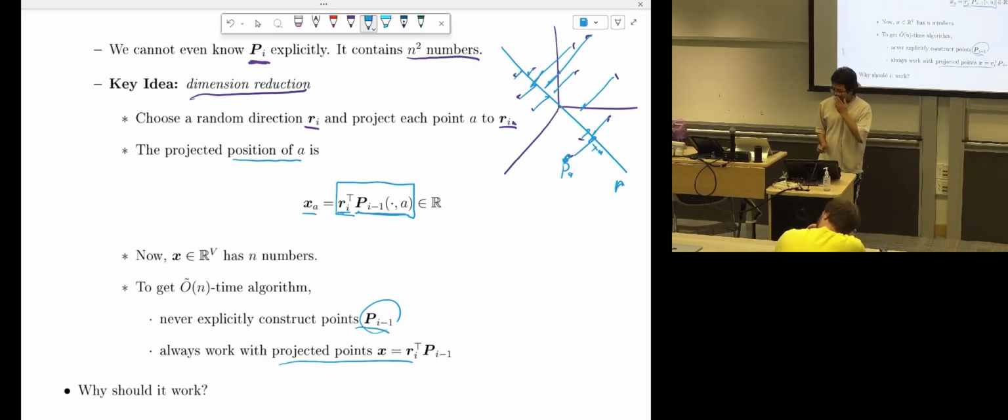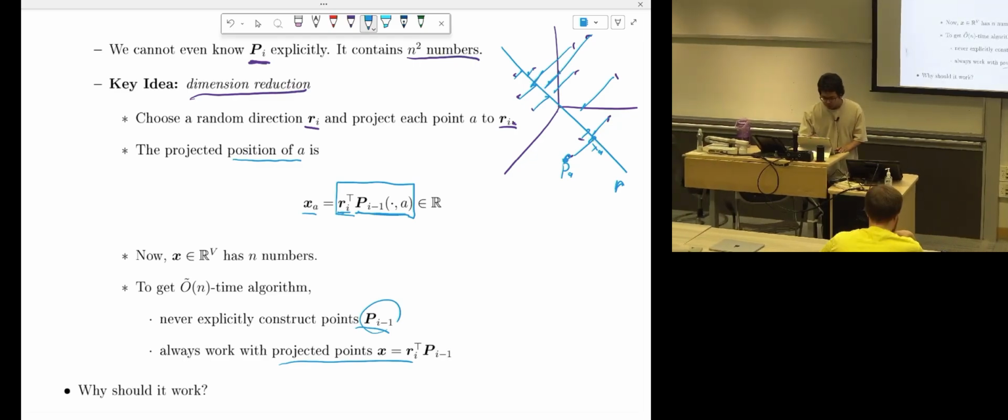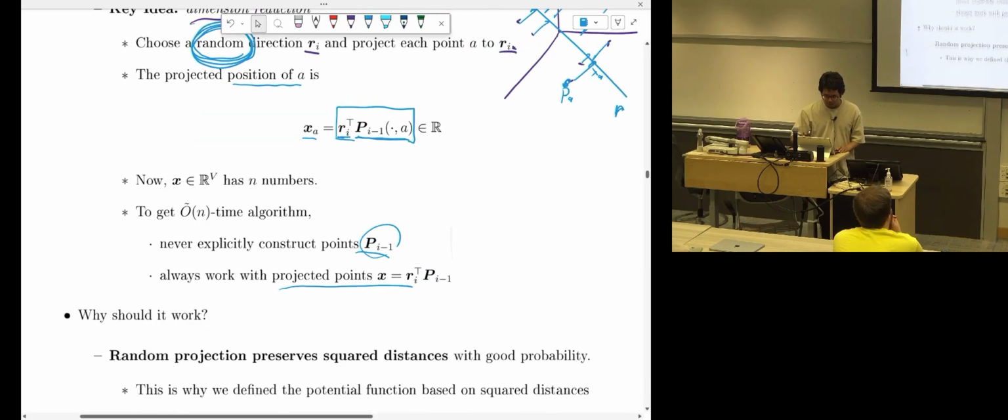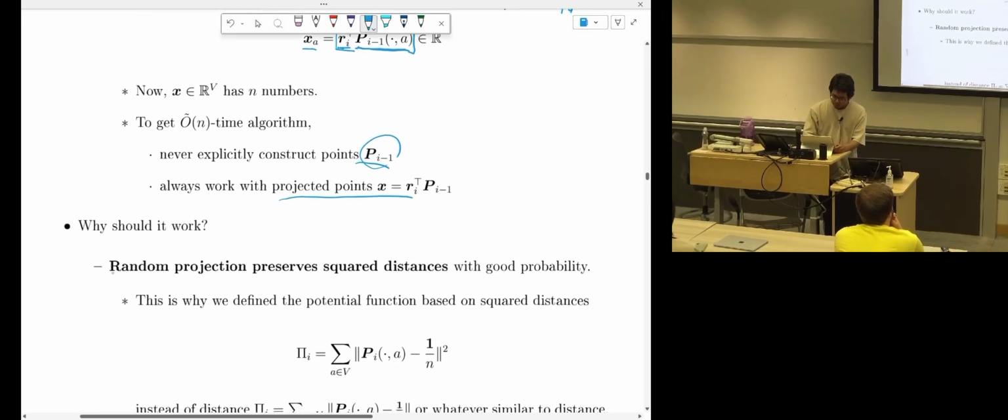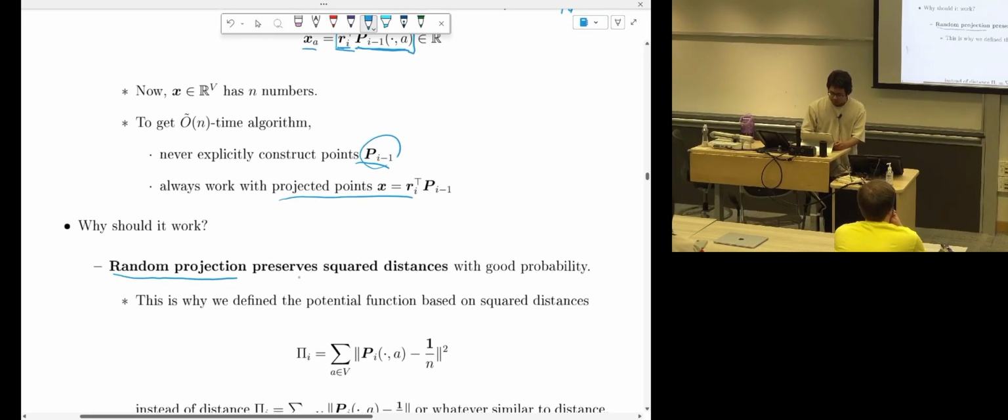Here's the point. Why should this work? We're gonna choose a random direction. Once you choose this random direction, then the random projection will preserve square distance with good probability.